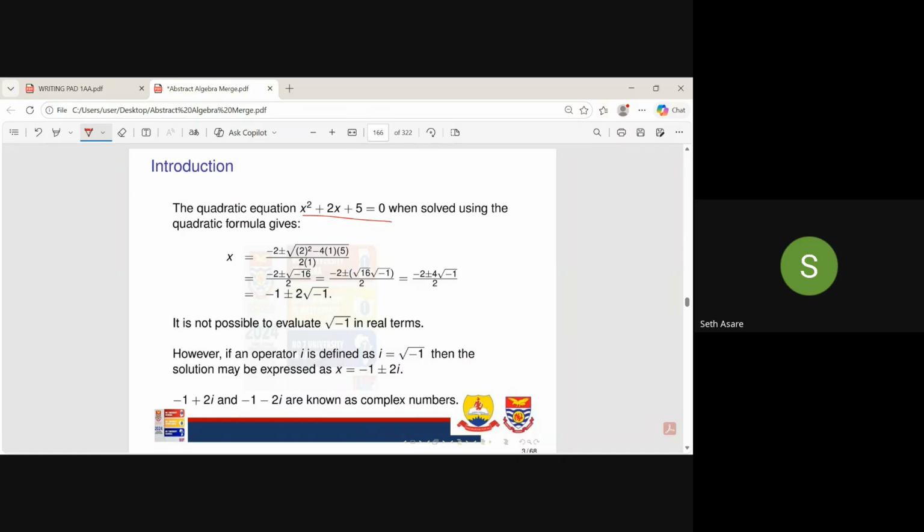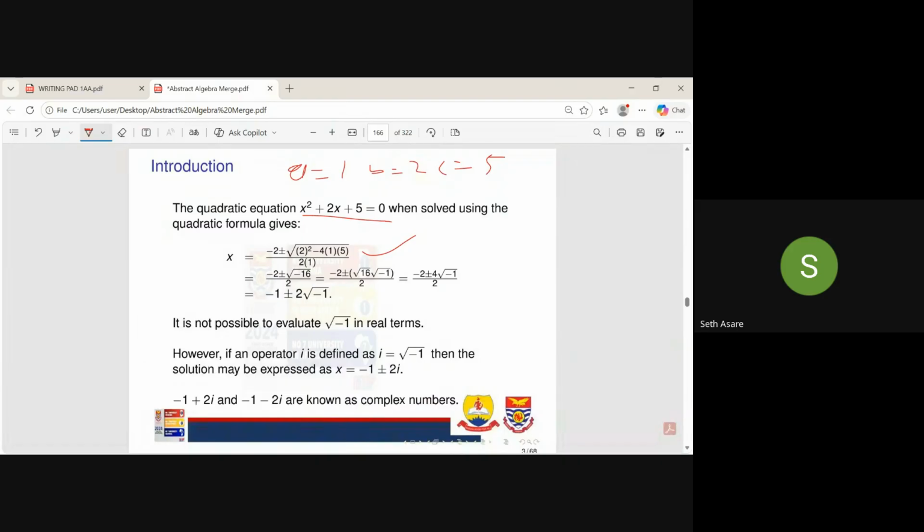When we use the quadratic formula, which people call the almighty formula, we know that the coefficient A is equal to 1, then B is equal to 2, then C is equal to 5. So we have minus B plus or minus the square root of 2 squared minus 4 into bracket 1 into bracket 5, all over 2 into bracket 1.